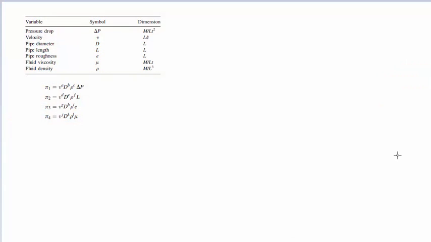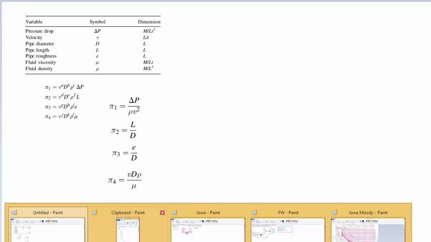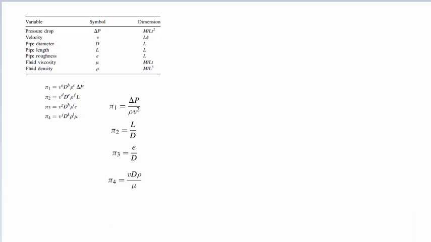What they found when they went through this is the following. They got these 4 pi groups. Remember, the pi groups are dimensionless groups, and one of the first things they did was replace this delta P over rho with head loss over g, and that got them this.